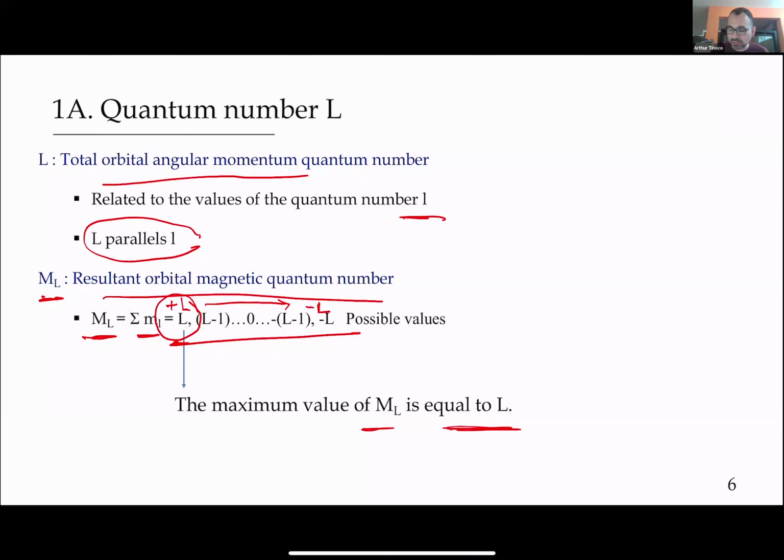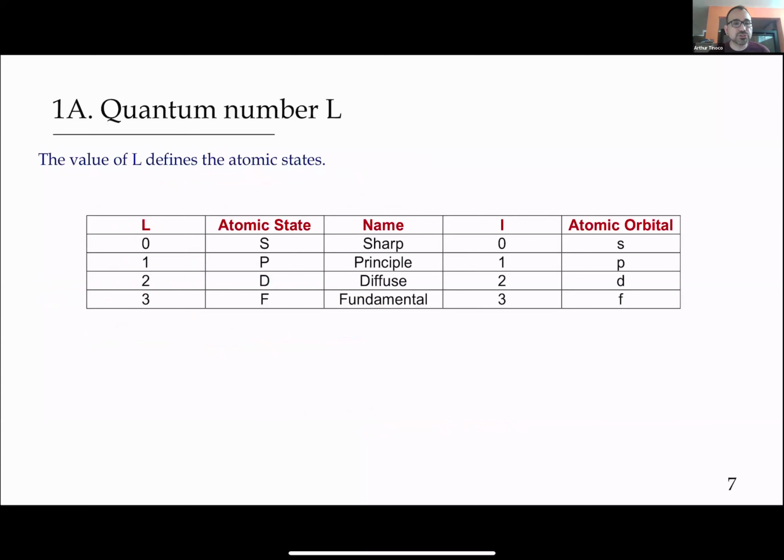So we're introducing this quantum number L. As I mentioned to you, L parallels little l. What does L represent in actuality? It represents an atomic state, whereas little l represents an atomic orbital. What's the distinction? The orbital is the orbital itself, whereas the state has to do with the distribution of electrons within those orbitals.